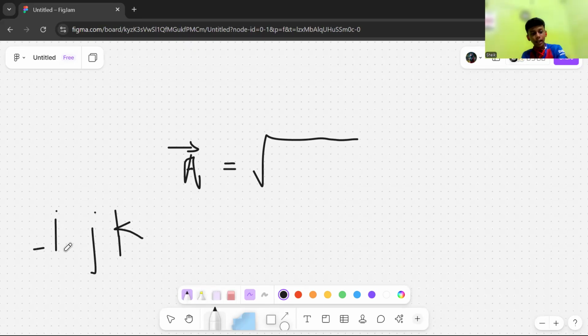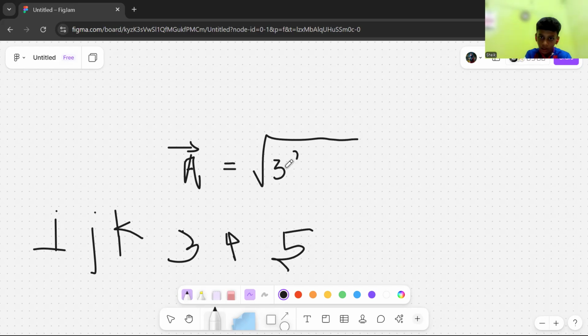So I will give this i a value of 3 and this j has 4 and k has 5. To find the magnitude of the vector, we can do 3 square plus 4 square plus 5 square.